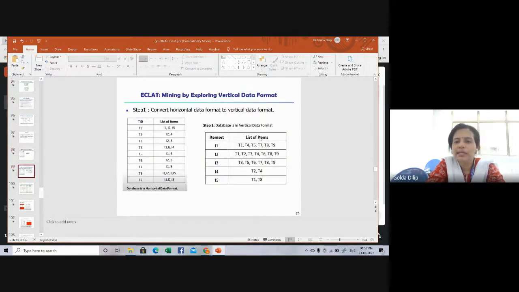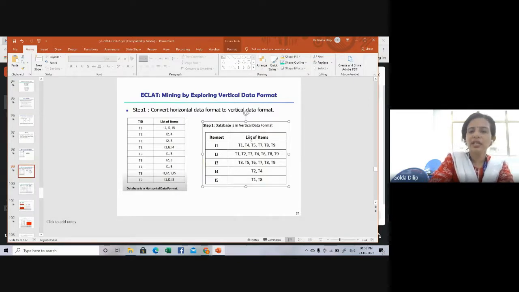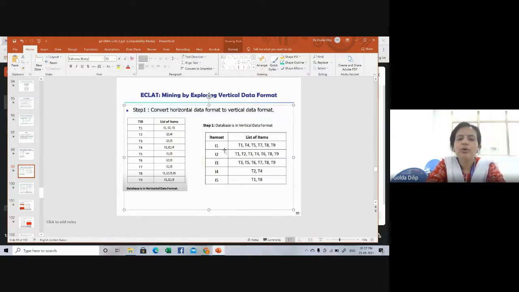You can name this as TID, list of items, rather than that, which will be more confusing. I cannot change it now because it is an image. You can put it as TIDs, transaction IDs. Okay, so item I1 is appearing in transaction 1, transaction 4, transaction 5, transaction 7, transaction 8, and transaction 9.